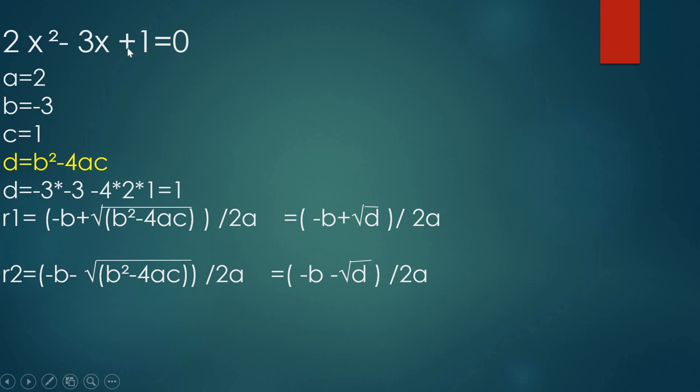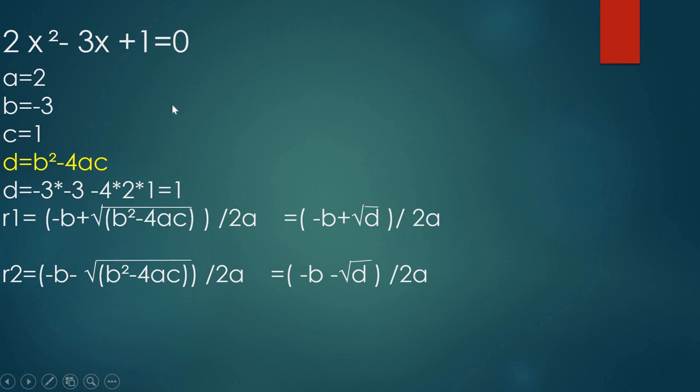C is equal to 1. The coefficient of x square is a, the coefficient of x is b, and this constant term is c. Here a is equal to 2, b is equal to minus 3 and c is equal to 1.